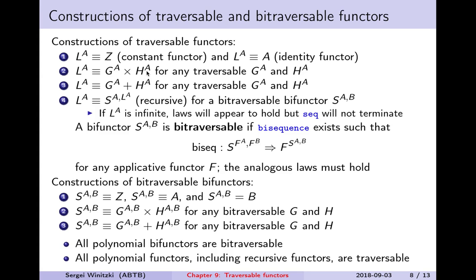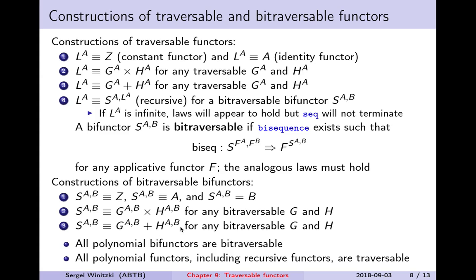And therefore, all polynomial functors are traversable. Now, exactly the same constructions work for bitraversable. Constant and A and B are bitraversable in the same way as constant and identity functor are traversable. And products and disjunctions are bitraversable.